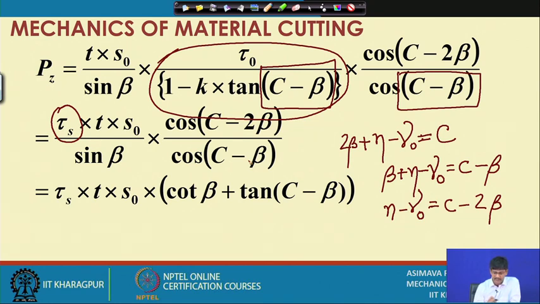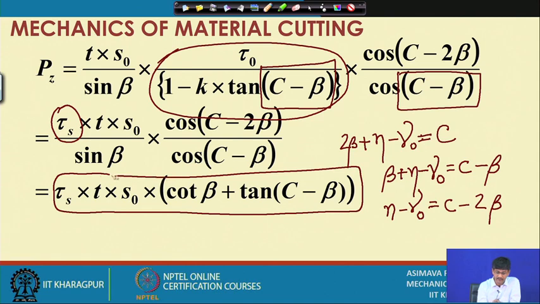If you expand this expression, we will find that it will become equal to cot beta plus tan of C minus beta, okay, cot beta plus tan of C minus beta, and therefore, we can say that this expression will give us an estimation of the main cutting force Pz.